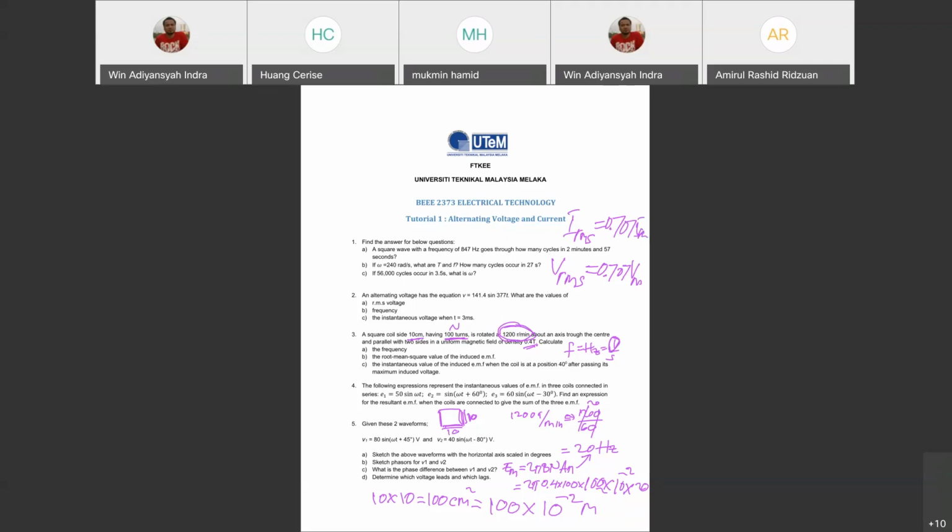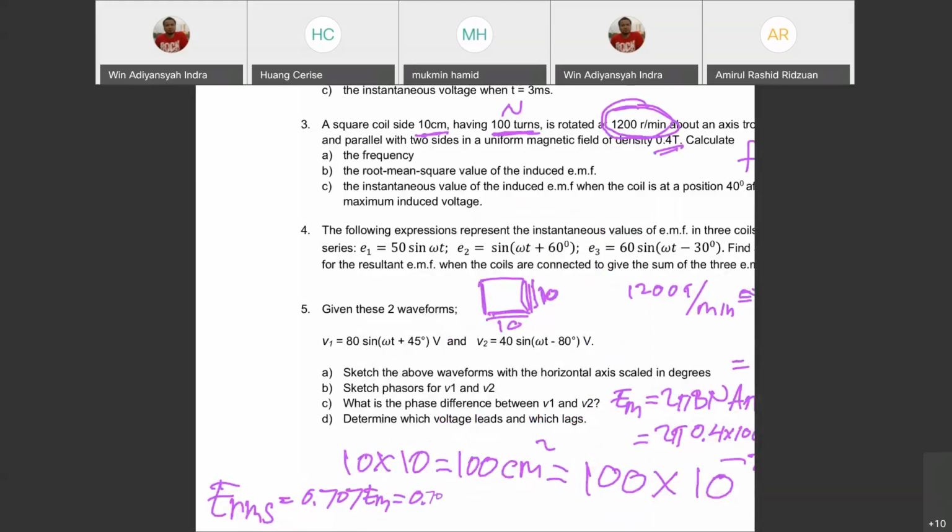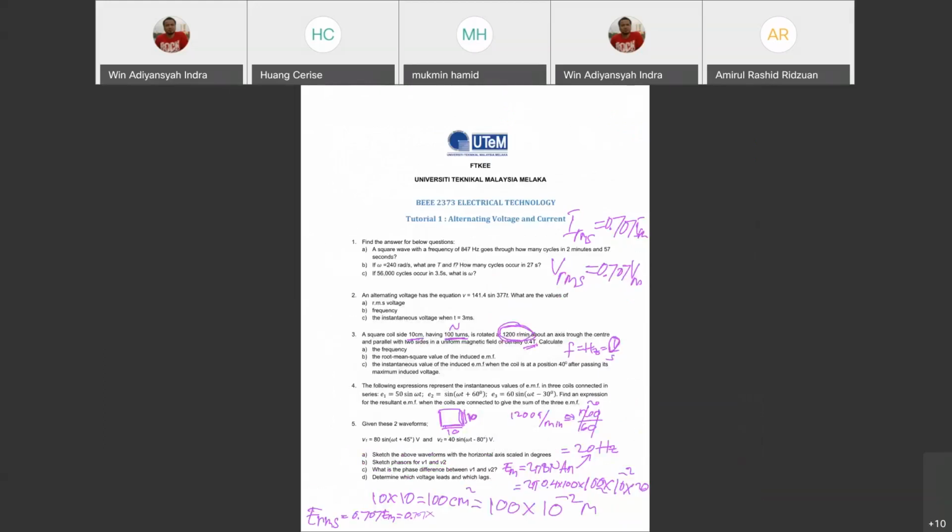So E RMS equals 0.707 EM, where EM is whatever the value of this one.